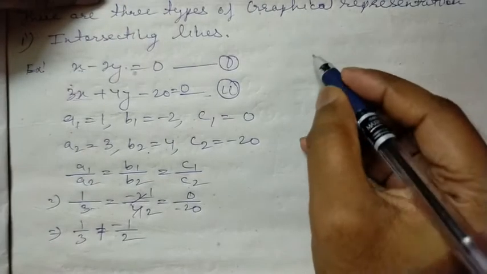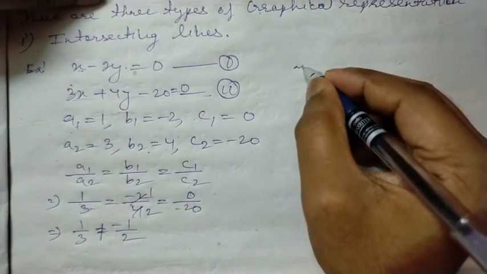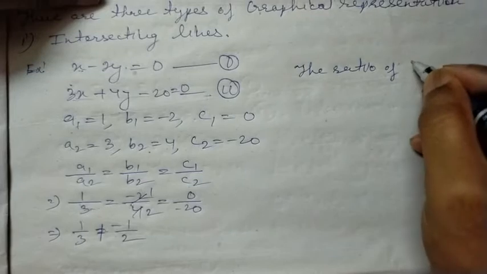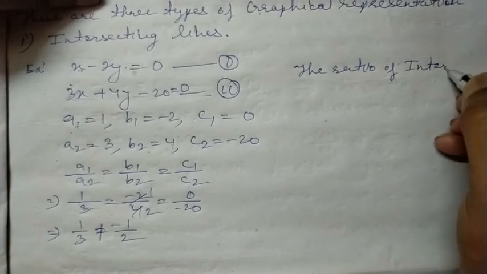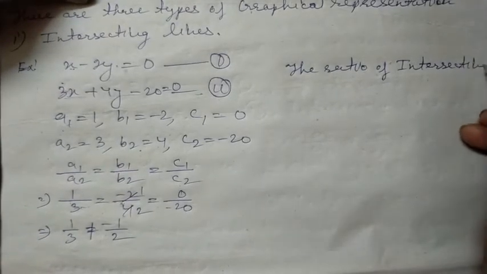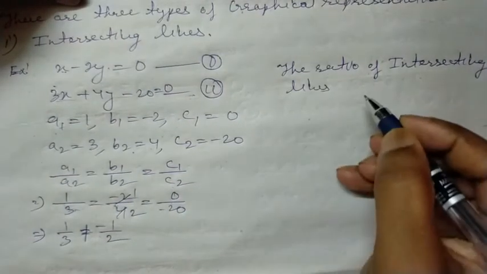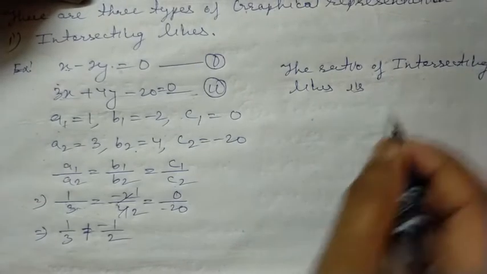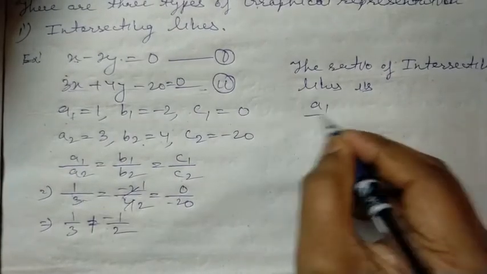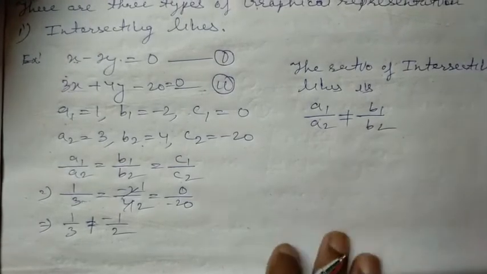So we can say that the ratio for intersecting lines is A1 by A2 not equal to B1 by B2.